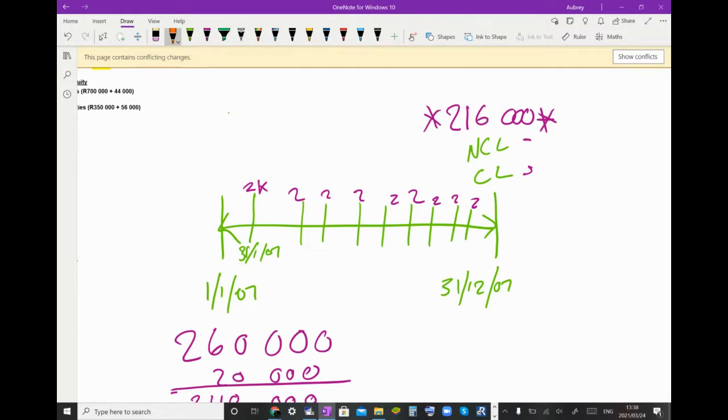Somebody tell me. We now know how much we owe on 31 December 2007. How do we work out what is non-current and what is current?